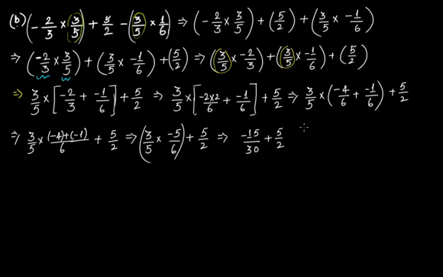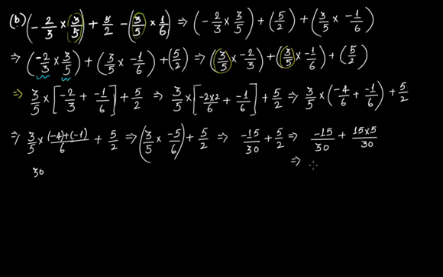The LCM of 30 and 2 will be 30. So if you solve this, we already have 30 in this one, so write 30 simply here, and minus 15 plus, we need 30 here, divide 30 by 2, we get 15 as the quotient, so this becomes 15 times 5.